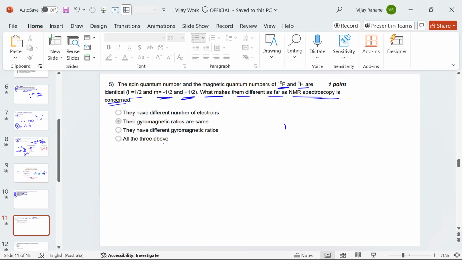So we have been given 19F and 1H. In both cases, I is the same, which is 1 by 2, right? We have seen the I values for fluorine, proton, carbon, and other nuclei. If you don't remember, I will pick up that table here.